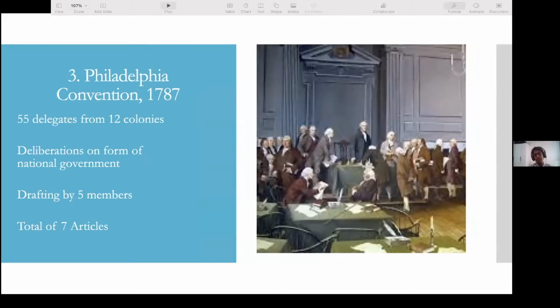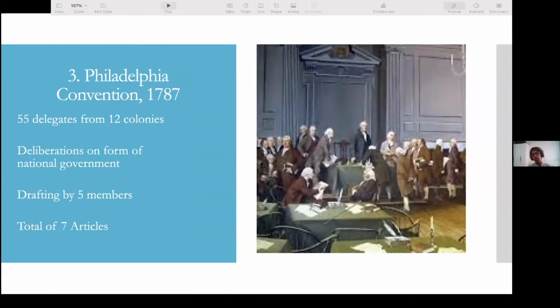And that's why in 1786, James Madison proposed that they have a constitutional convention to amend these articles and ensure that there is a strong national government. This was endorsed by the Confederation Congress in February 1787.